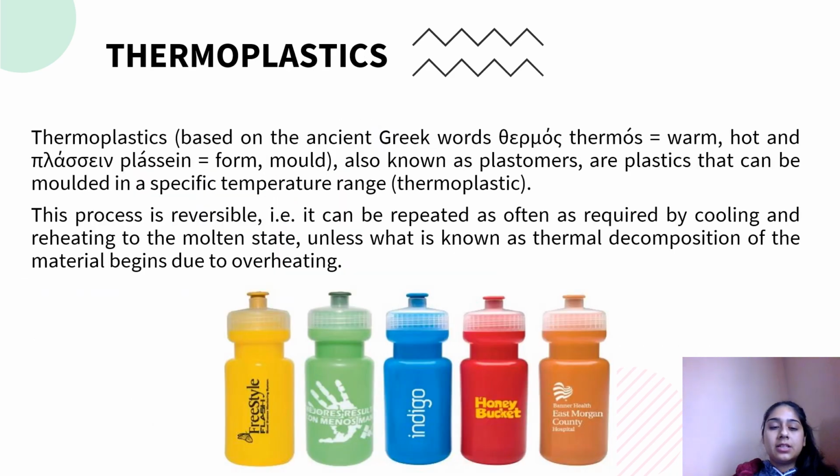And finally, I talk about the thermoplastics. The word thermoplastic is based on ancient Greek words. The first is thermos, meaning warm or hot, and plastos, meaning molded, also known as plastomers. They are plastics that can be moved in a specific temperature range.